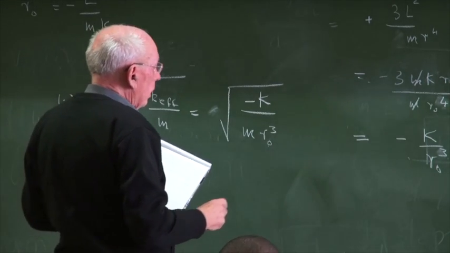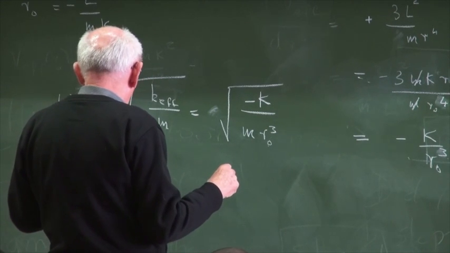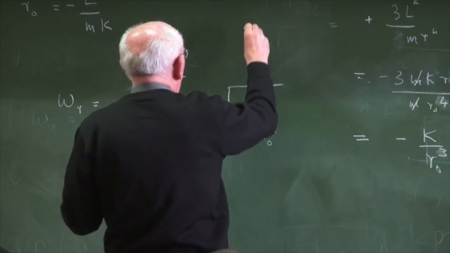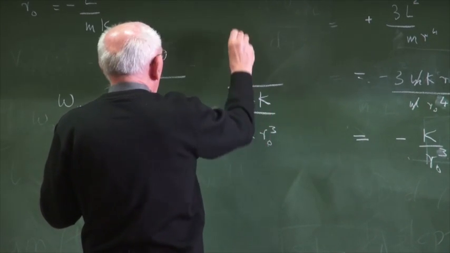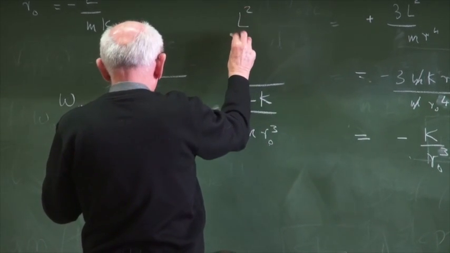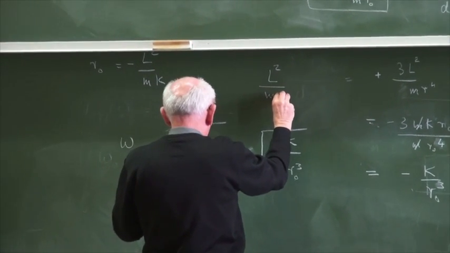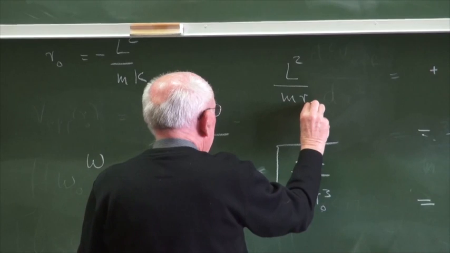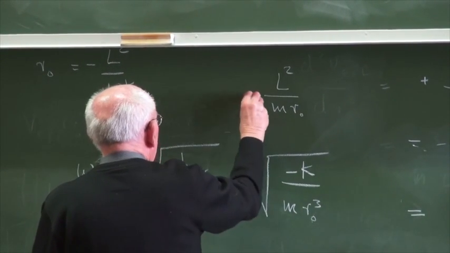And now for the k, I'm again putting in L squared over mr0 with a minus.